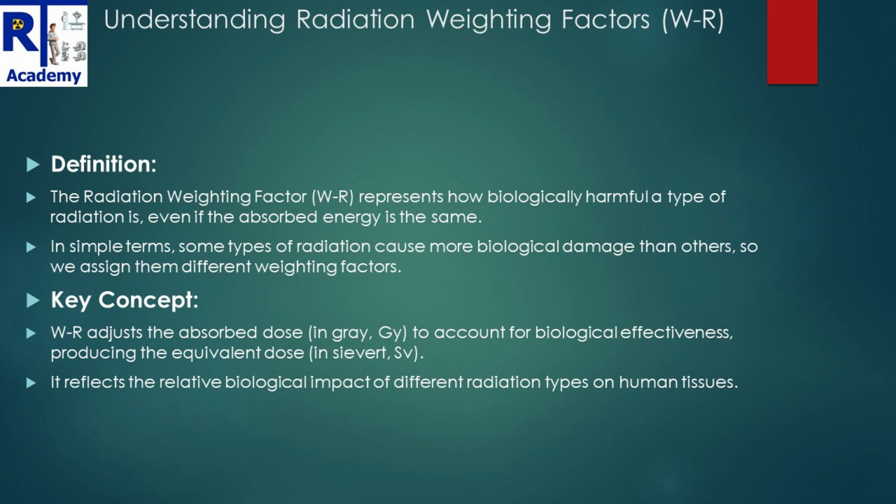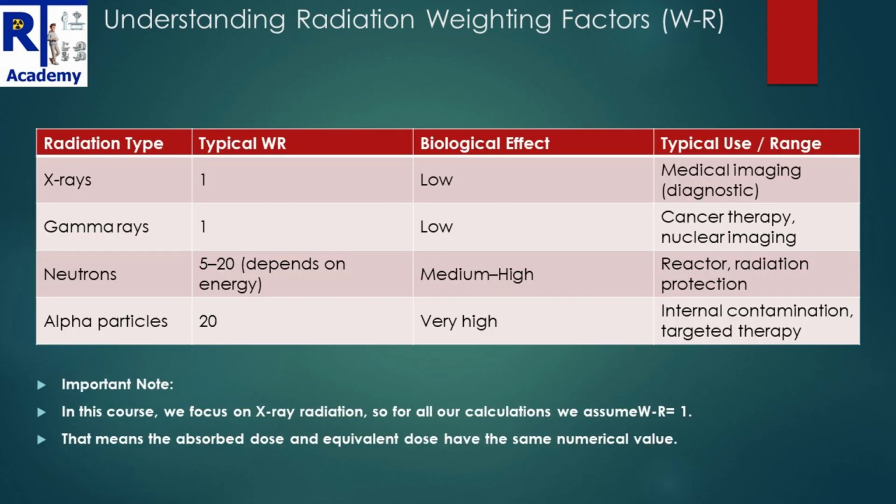It is a number that indicates how biologically harmful a type of radiation is relative to a reference, usually X-rays. Even if two types of radiation deposit the same amount of energy, their effects on living tissue can be very different. WR weights the absorbed dose to reflect this difference, allowing us to calculate the equivalent dose, which shows the true biological impact.